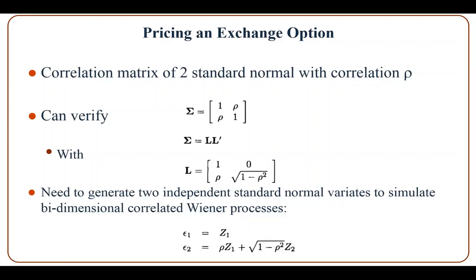We can also use Monte Carlo simulation, and we need to generate two independent standard normal variables to simulate bidimensional correlated Wiener processes. And they are epsilon 1 and epsilon 2. Z1 and Z2 are standard normal distributed.